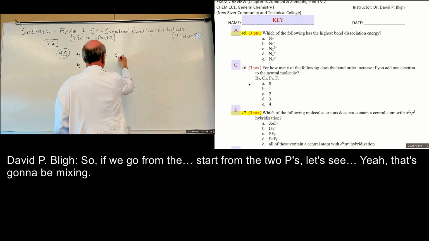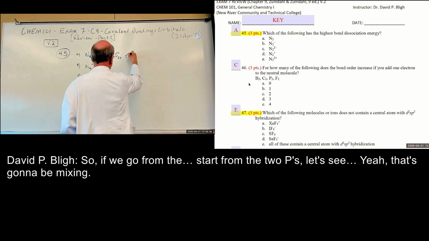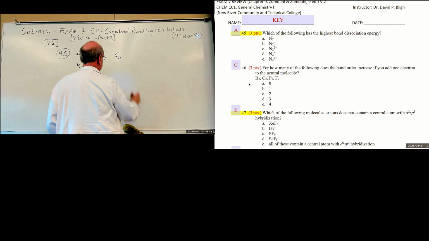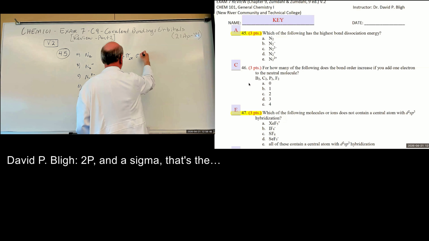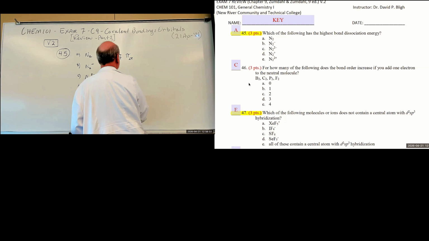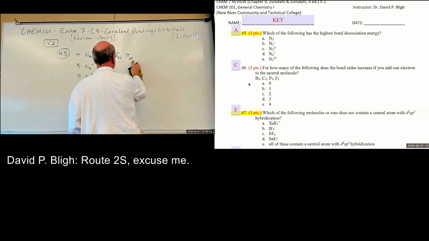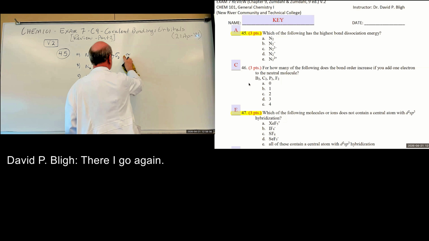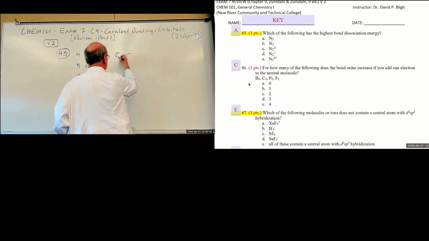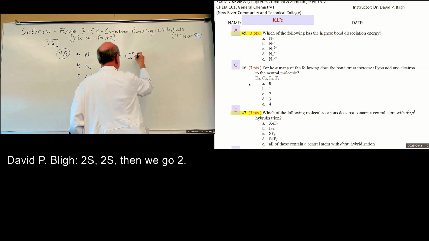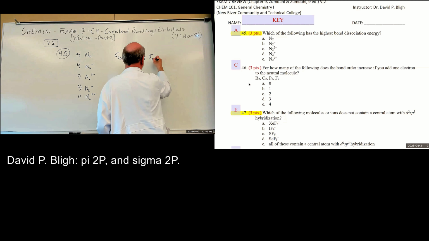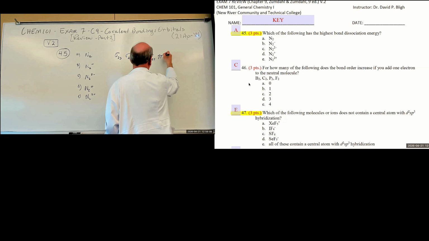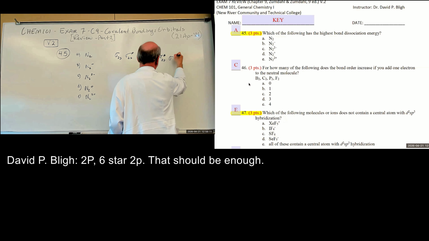So if we start from the 2s, 2s, then we go to pi 2p and sigma 2p, and then pi star 2p and sigma star 2p.